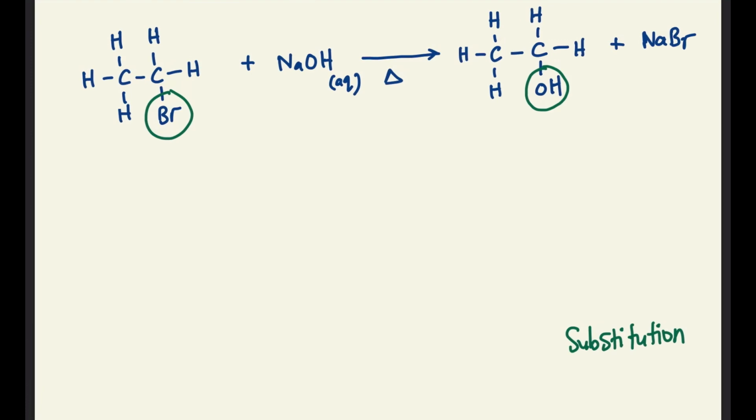of reaction, which is this carbon. This carbon is connected to bromine, which is more electronegative than carbon. Therefore, it makes the carbon an electron poor site. Electron poor site is an electrophilic site.